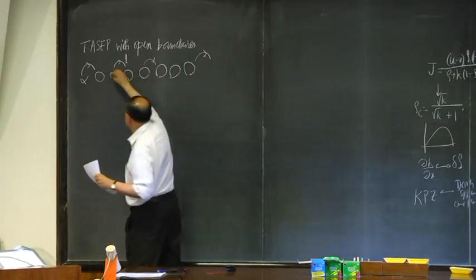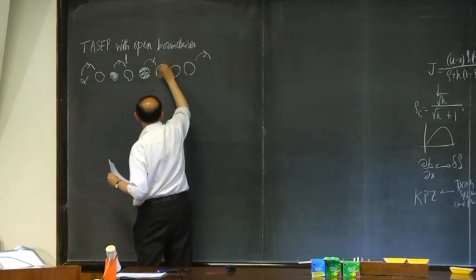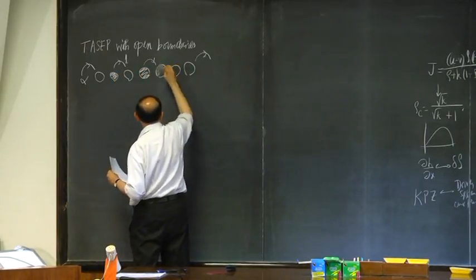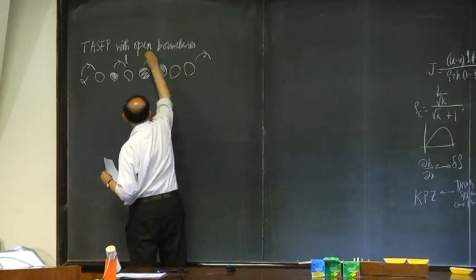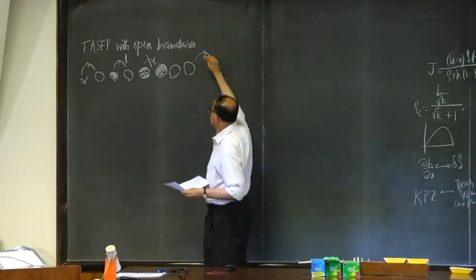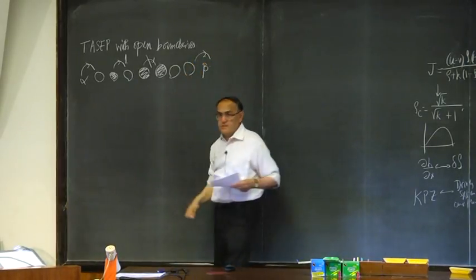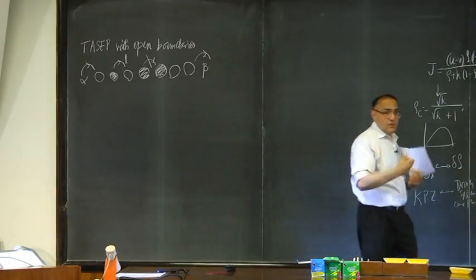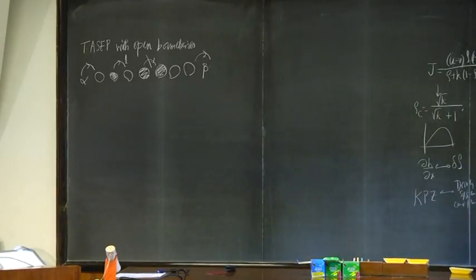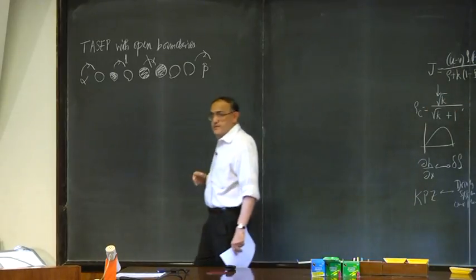So, for instance, this can move here with rate 1 and that can move there with rate 1, and of course, if this tries to move here, it actually can't move because this is blocked, the usual exclusion process. But this can leave at rate beta. In other words, if there is a particle here, it will hop out with a certain rate beta. And we want to know what happens as we vary alpha and beta.